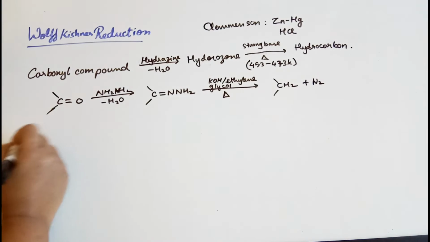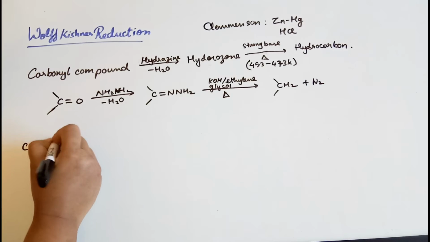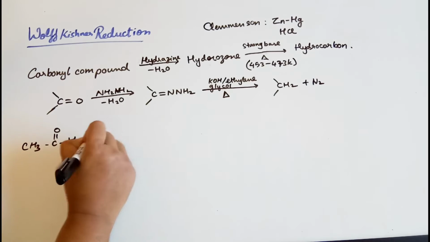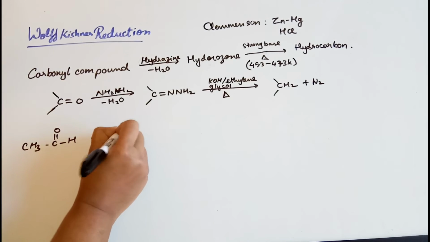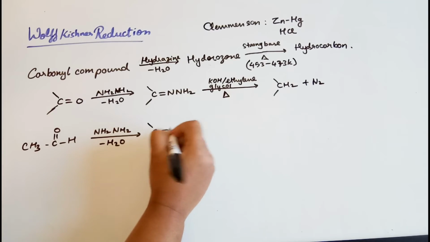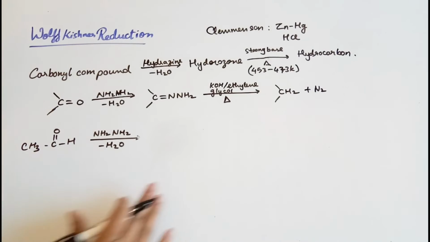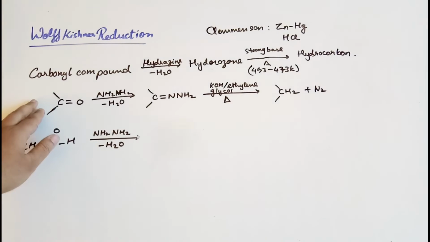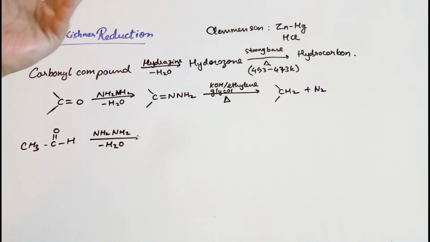Another example, let's take an example of an aldehyde. So CH3CHO, ethanal, is reacting with hydrazine, and this leads to the formation of a hydrazone. If you find it easy to just use this as the template and write the reactions, you can just replace this with CH3 and here you can write an H, and write the reaction as it is, if it is easy for you.